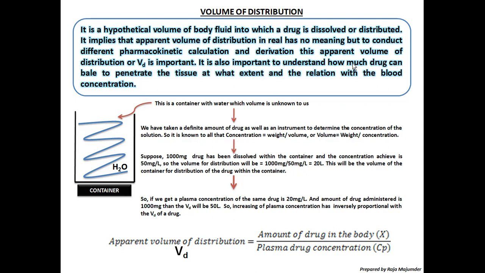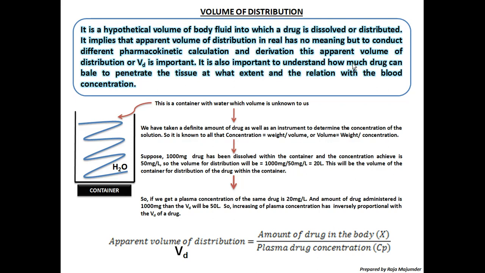I hope in the last video upload, the tutorial, we went through what the volume of distribution actually is, and we all know that the apparent volume of distribution doesn't have any true value. It is a hypothetical volume of body fluid into which a drug is dissolved or distributed.